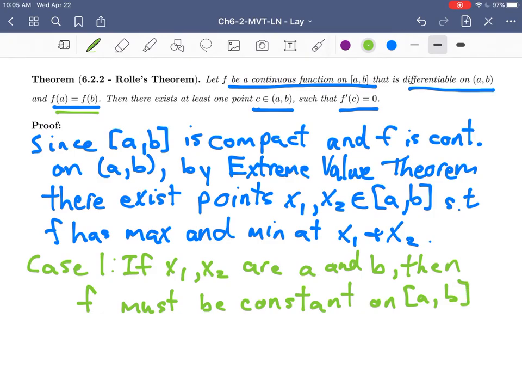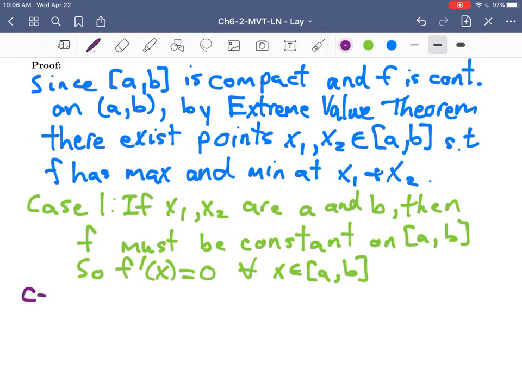And if we have a constant, then the derivative is equal to 0 for every single value in that closed interval. So we have points in the interior that have a derivative equal to 0.